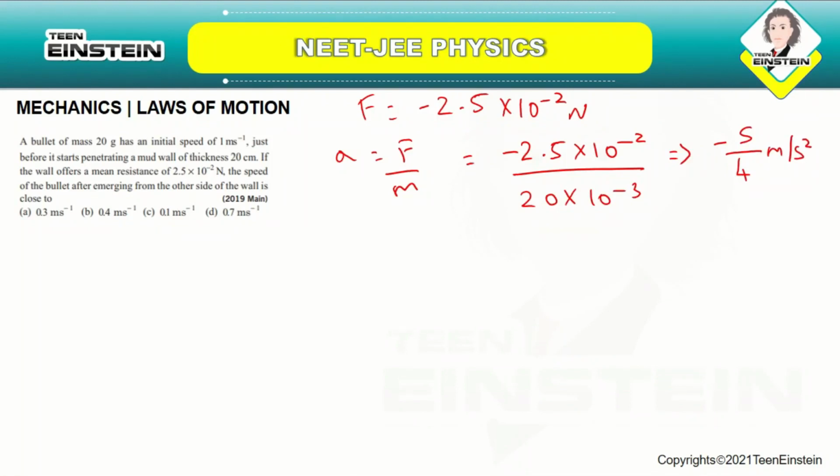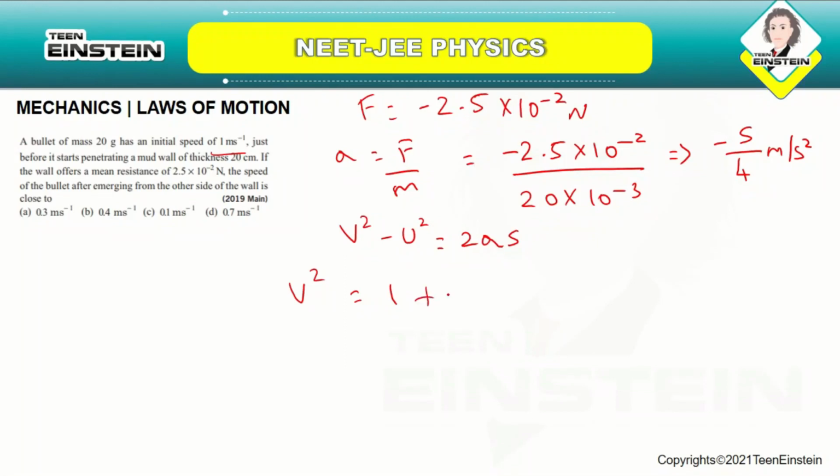Now you are using the equation of motion: v square minus u square is equal to 2as. The initial speed is 1, so u is 1.